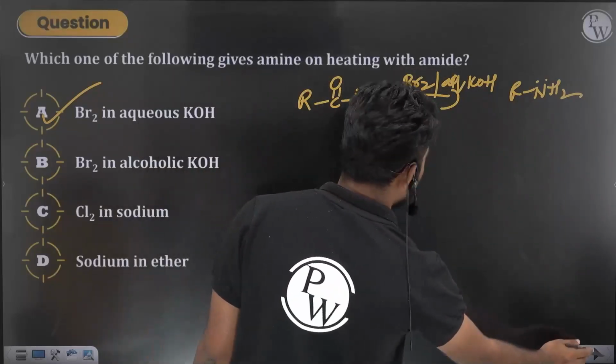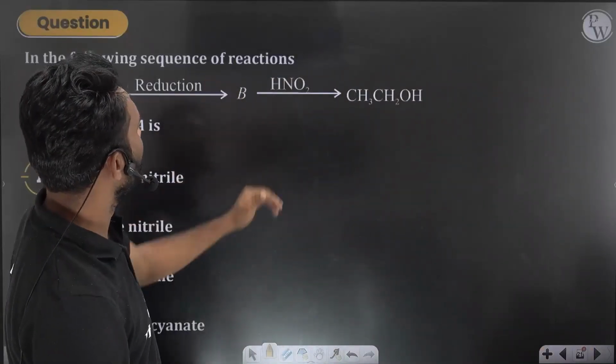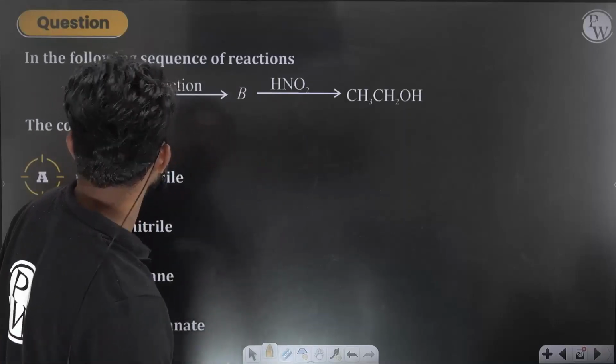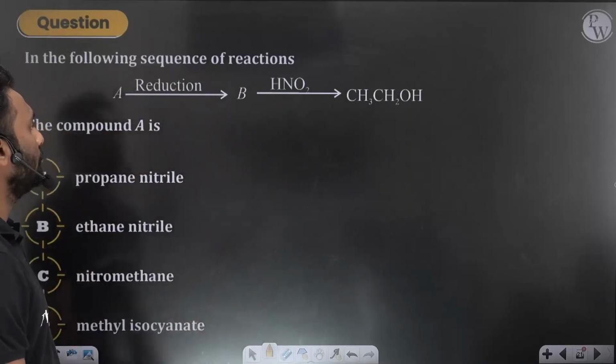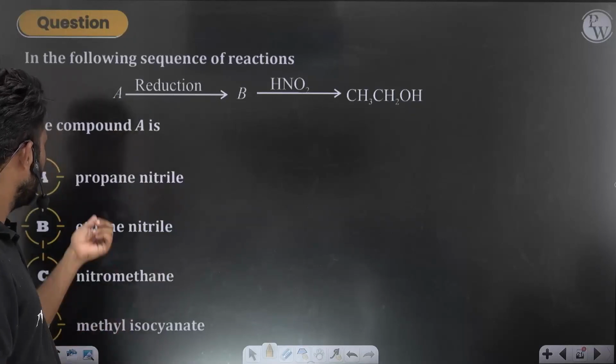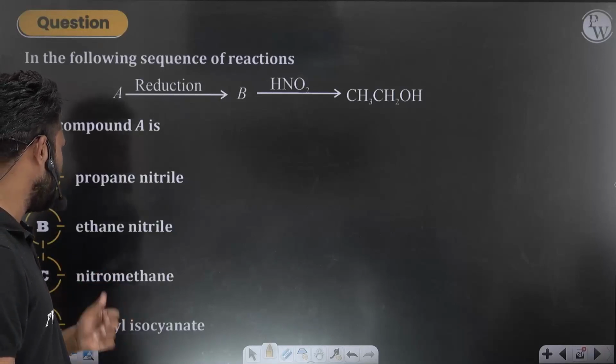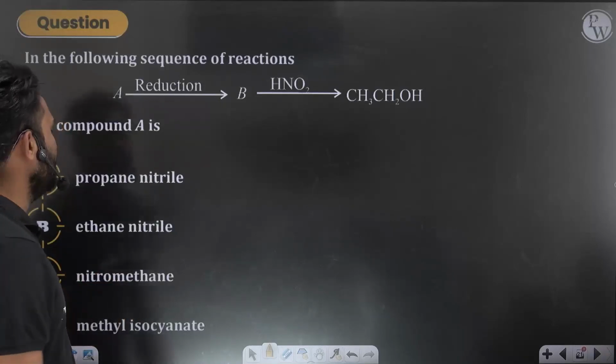Next. In which of the following sequence of reactions, compound A is asked. The options are propane nitrile, ethane nitrile, nitromethane and methyl isocyanate.